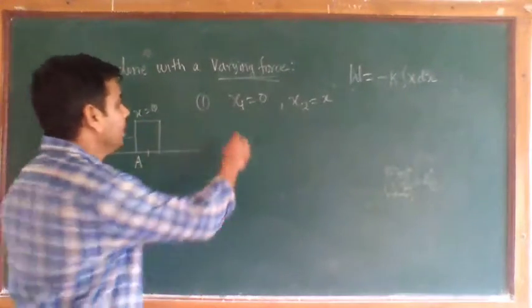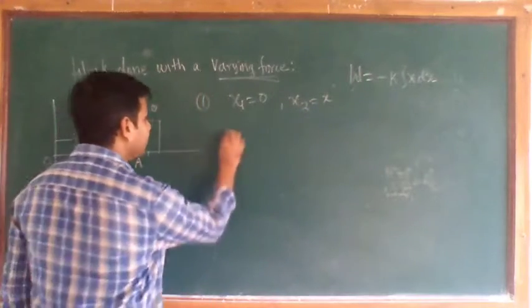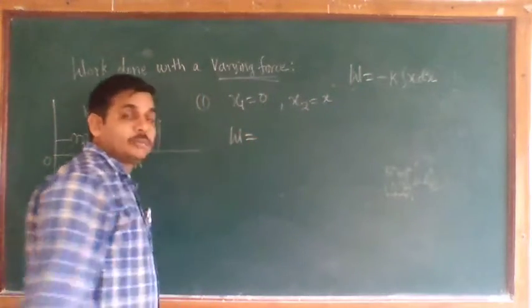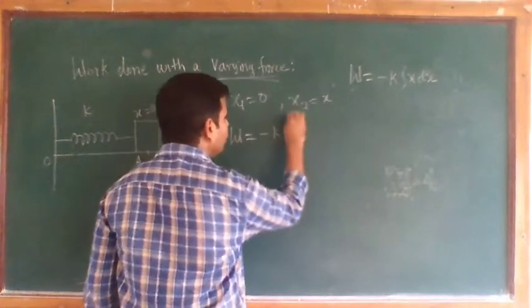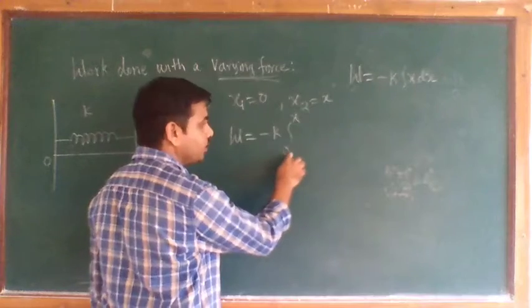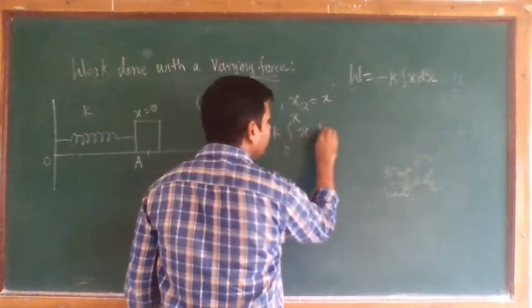We are considering x1 is equal to 0 and x2 is equal to x. Then W will be minus k integration from 0 to x of x dx.